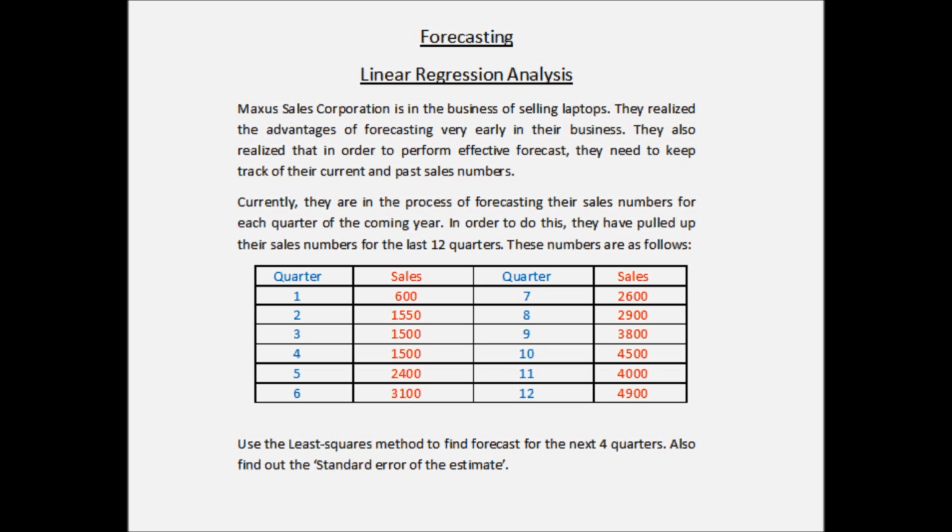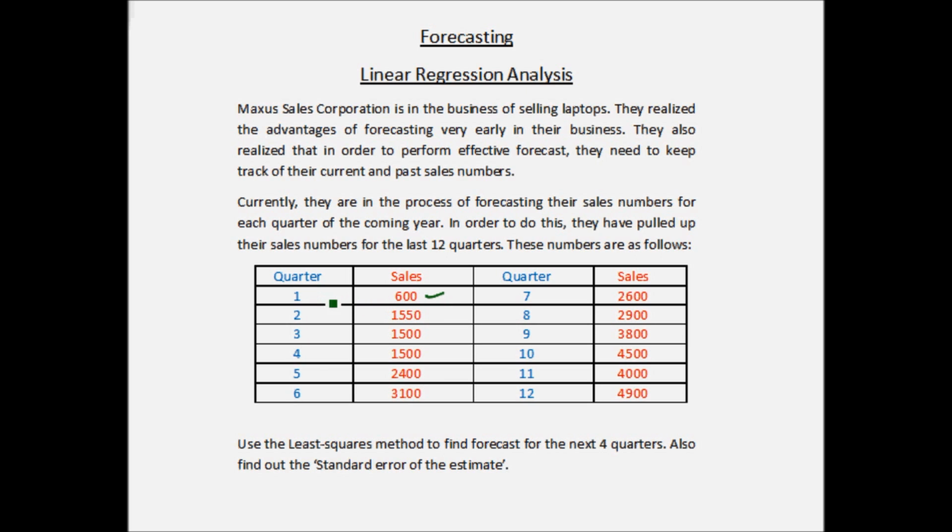Currently, they are in the process of forecasting their sales numbers for each quarter of the coming year. In order to do this, they have pulled up their sales numbers for the last 12 quarters. These numbers have been given to us in this table. So for each quarter, we have been given the sales figures.